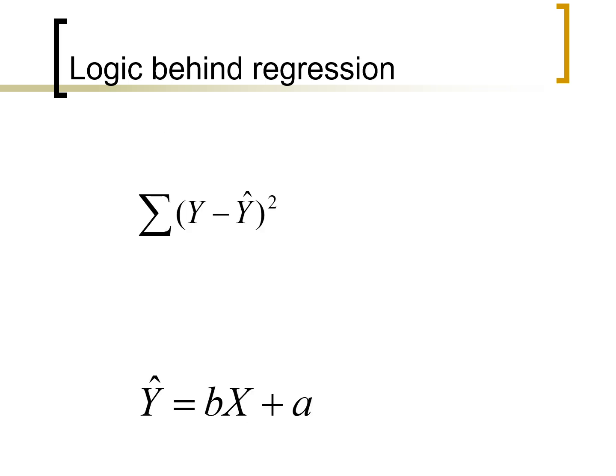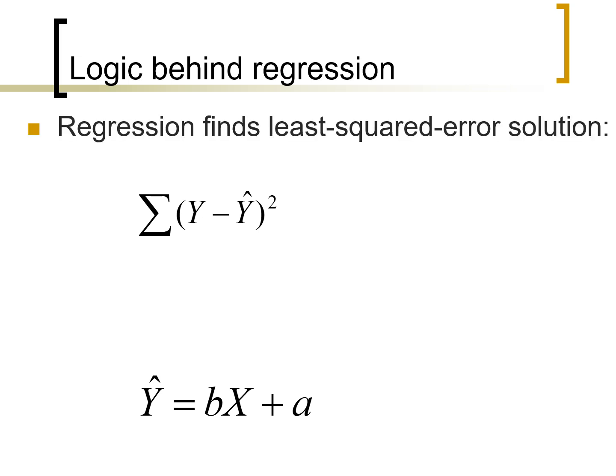So let's think a little bit about the equations following the logic behind regression. As I said before, the logic of regression is that it finds the least squared error solution, that line on the scatter plot that leads to the least residuals possible. So we start with this idea of the sigma of the residuals squared, and the regression equation is going to find the lowest sigma residuals squared, or what this equation here is doing.